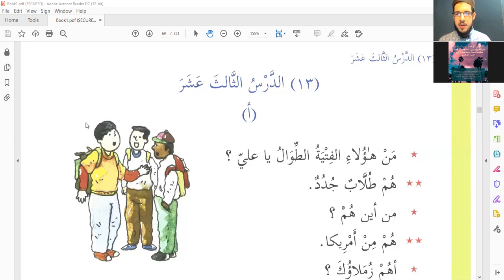Now we're going to add another wrinkle. And we saw how that wrinkle played out depending on the type of word we were dealing with. We saw how the typical feminine expression in nouns was the ta marbuta.